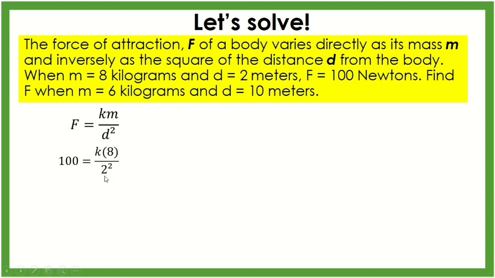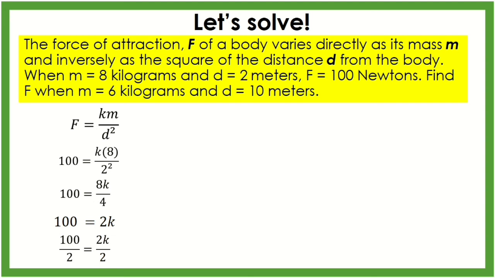Okay, then, simplify natin. 2 squared, that is equal to 4. K times 8 is 8K. Okay, then, reduce to lowest term. 8 over 4 is equal to 2 times K. Then, divide both sides by 2 or multiply both sides by 1/2.